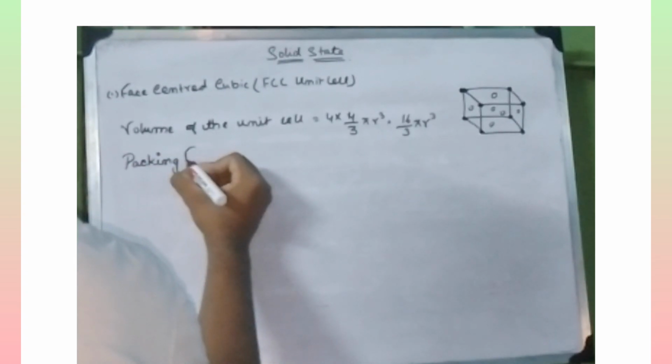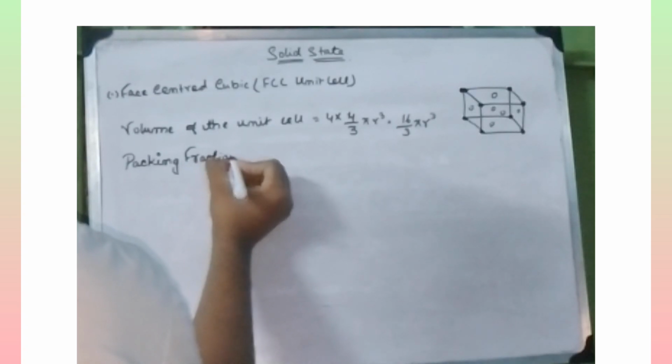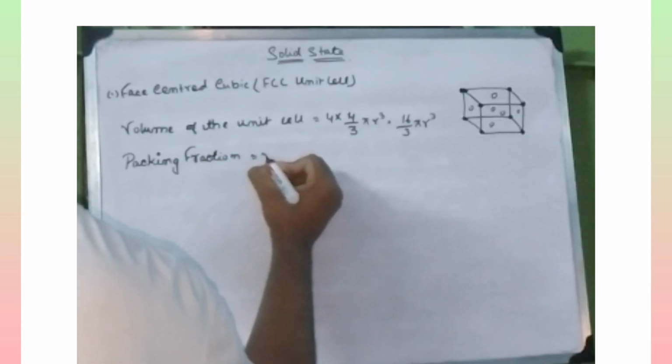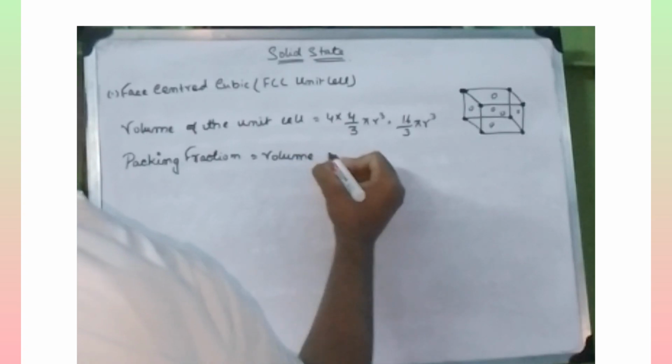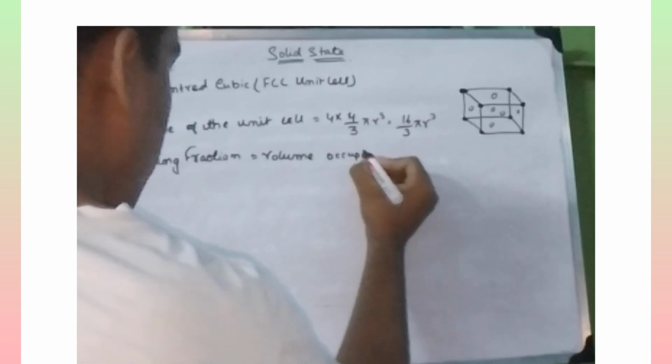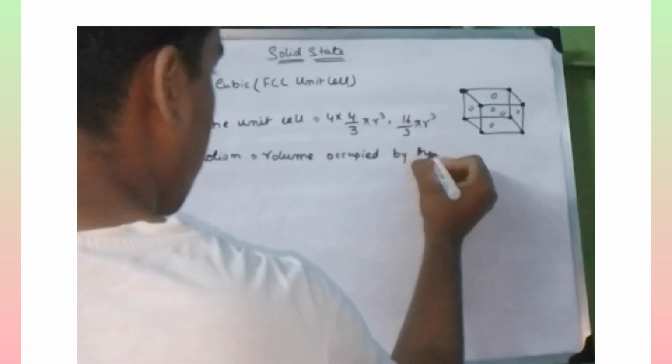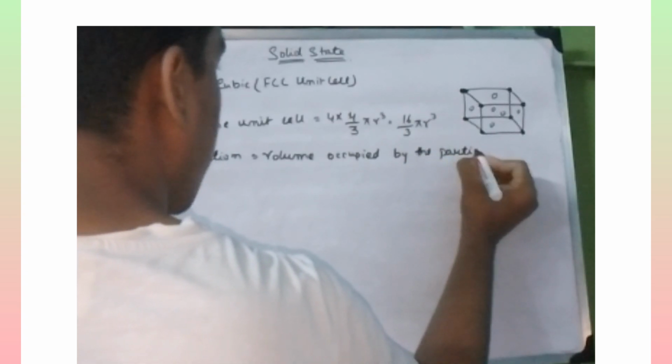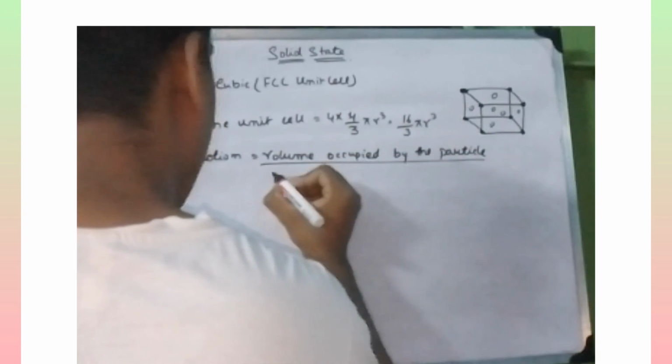Now again we will return to our formulas, that is the packing fraction. It will be the same as discussed before, that is volume occupied by the particles divided by volume occupied by the unit cell.